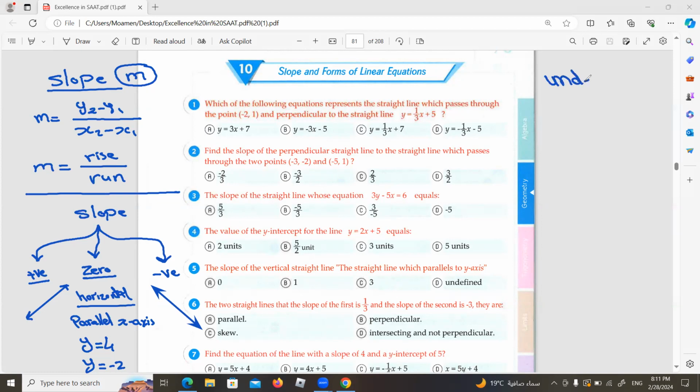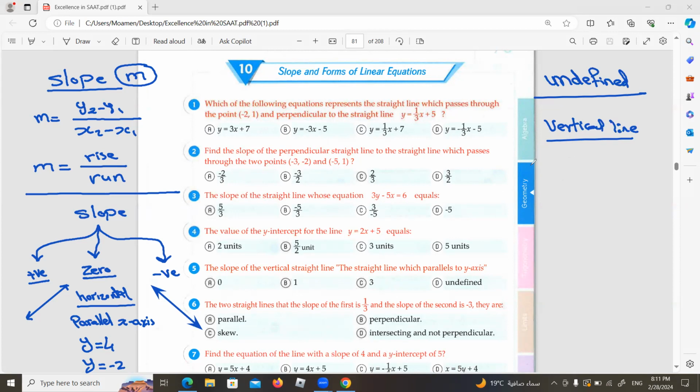Undefined slope. The slope is undefined when we have a vertical line.